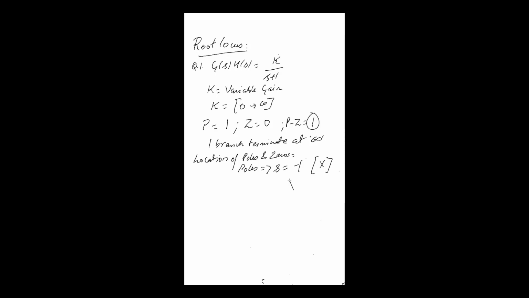So I will draw an S-plane here. Let us suppose this is your S-plane. This is your origin. This is your real axis. Again and again, I will not write that this is a real axis and this is an imaginary axis. I will simply write S-plane.